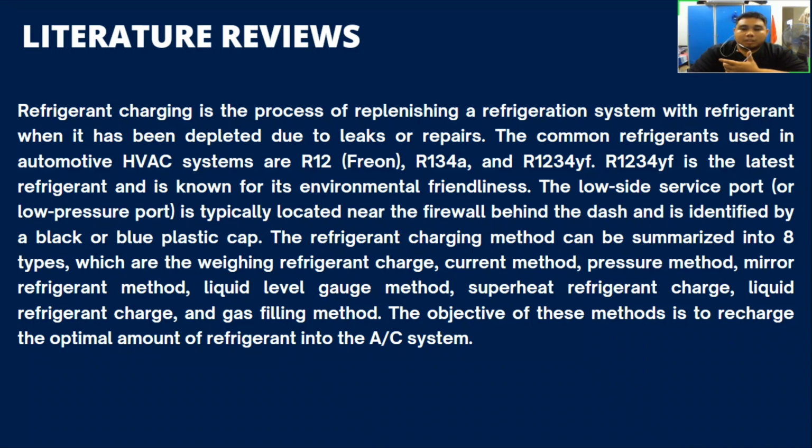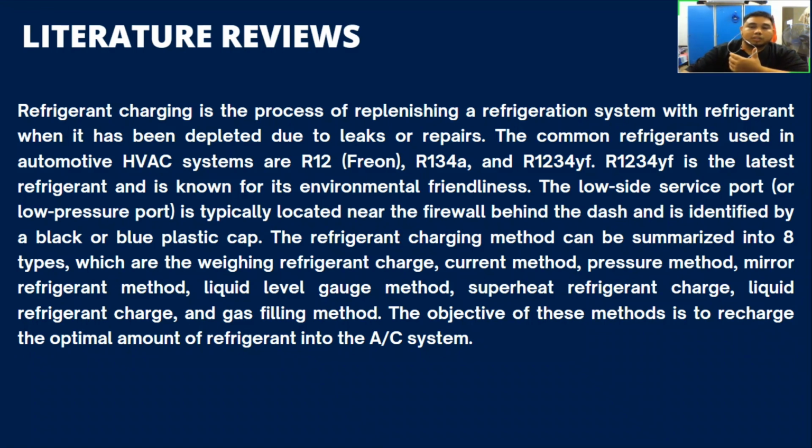The refrigerant charging methods can be summarized into 8 types, which are the weighing refrigerant charge, current method, pressure method, mirror refrigerant method, liquid level gauge method, superheat refrigerant charge, liquid refrigerant charge, and gas filling method. The objective of these methods is to achieve the optimal amount of refrigerant in the AC system.